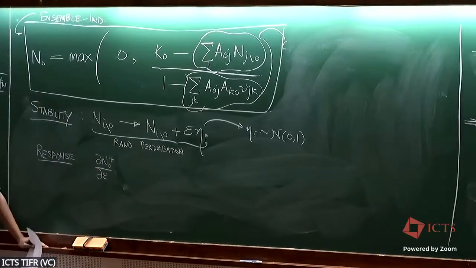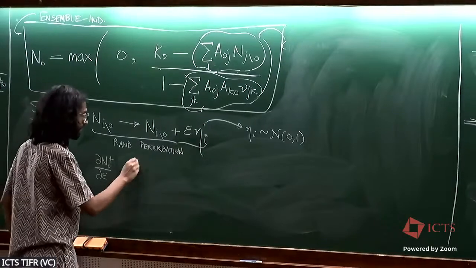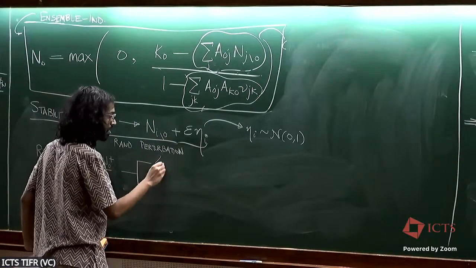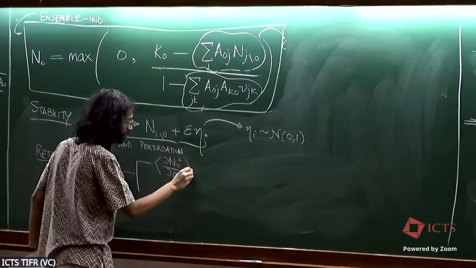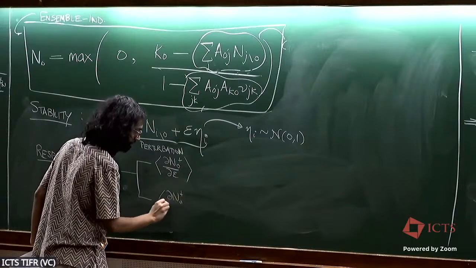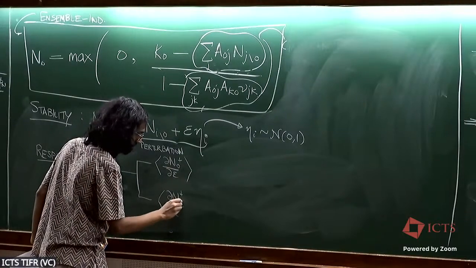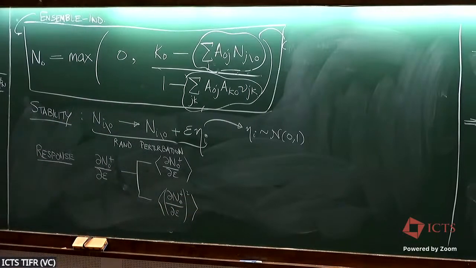And this will be a random variable, right? Because N0 is a random variable. So what we'll care about again are the moments of this random variable, right? We'll first look at the first moment of this guy, then look at the second moment of this guy, and ask for whether there's any point at which we see something interesting going on.